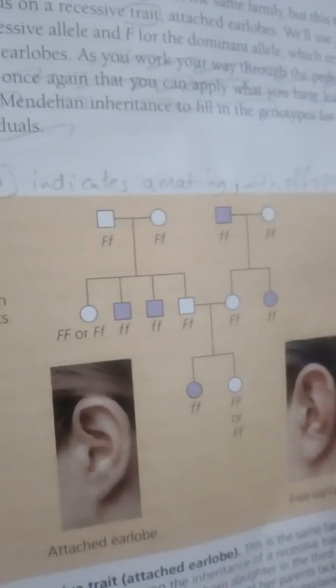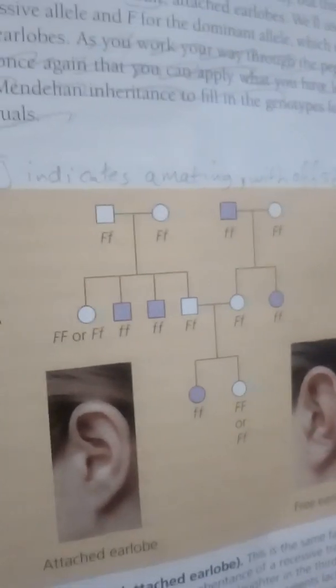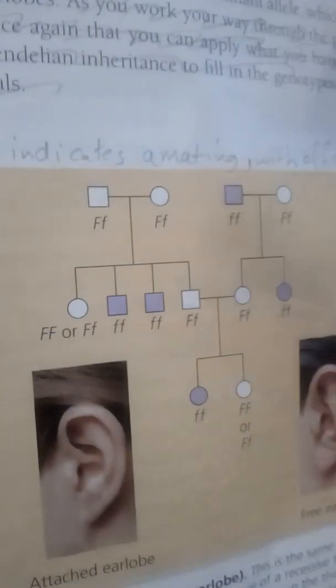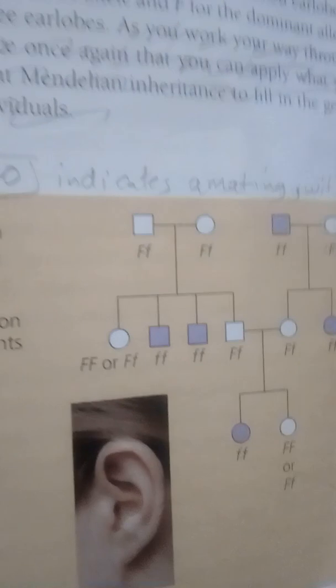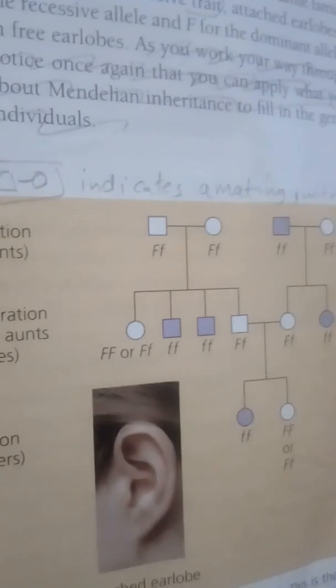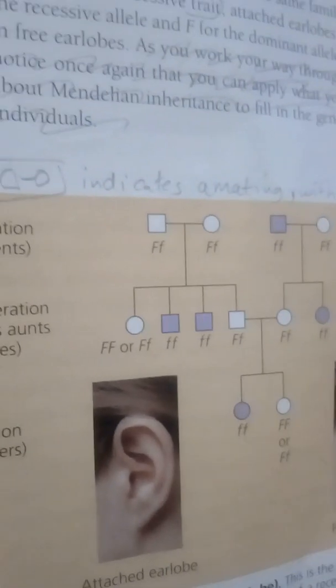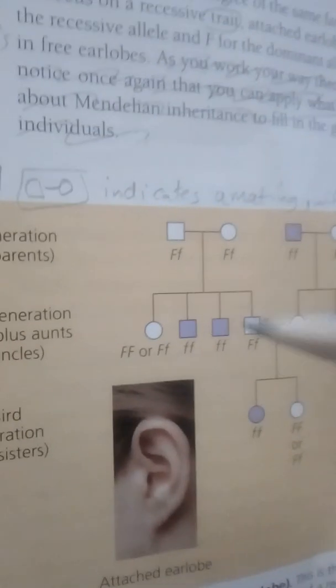Notice that the firstborn daughter in the 3rd generation has attached earlobes, although both of her parents lack that trait. Such a pattern is easily explained if the attached earlobes phenotype is due to a recessive allele. If it were due to a dominant allele, then at least one parent would also have had the trait.